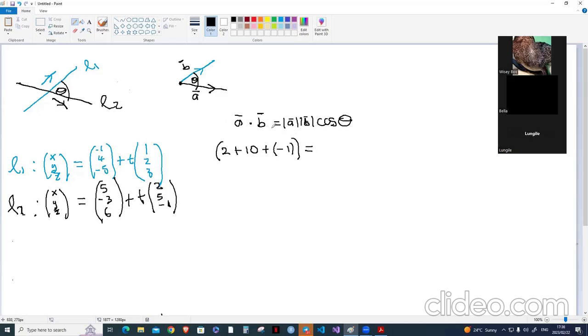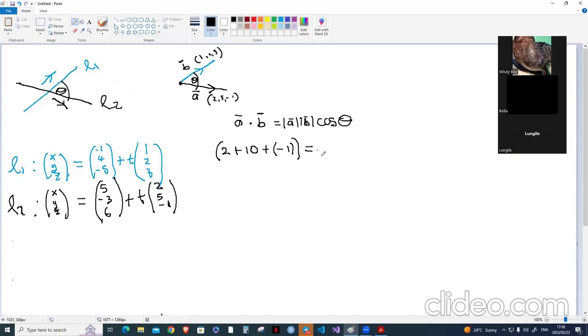Then we find the magnitudes. We can choose A to be (2, 5, minus 1) and B to be (1, 2, 3).